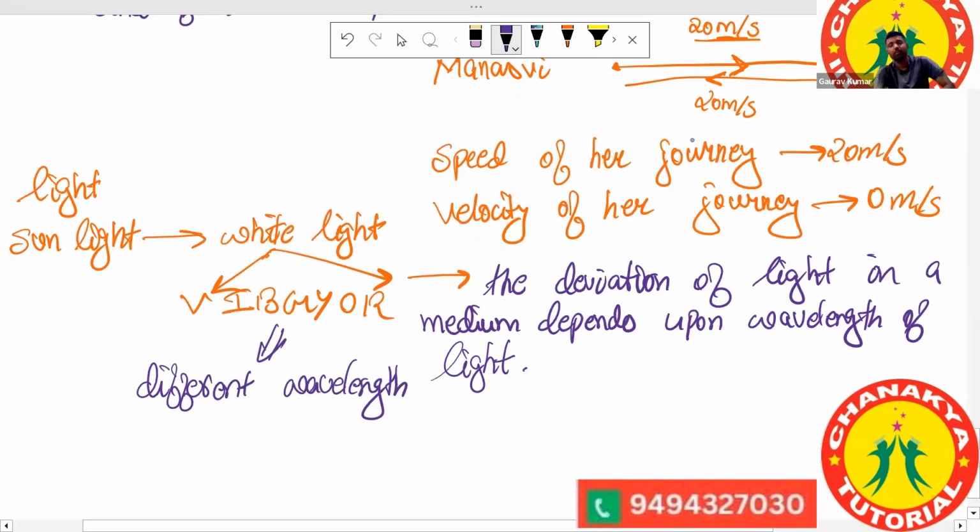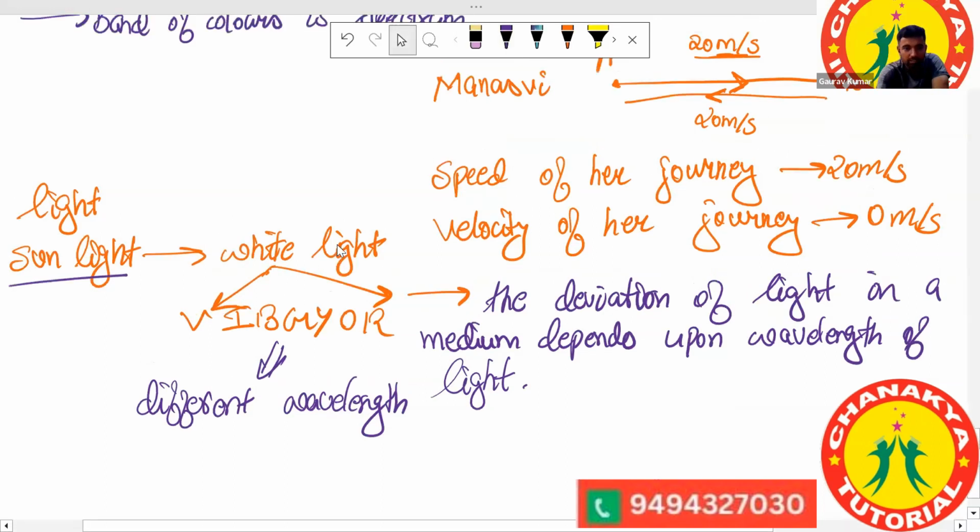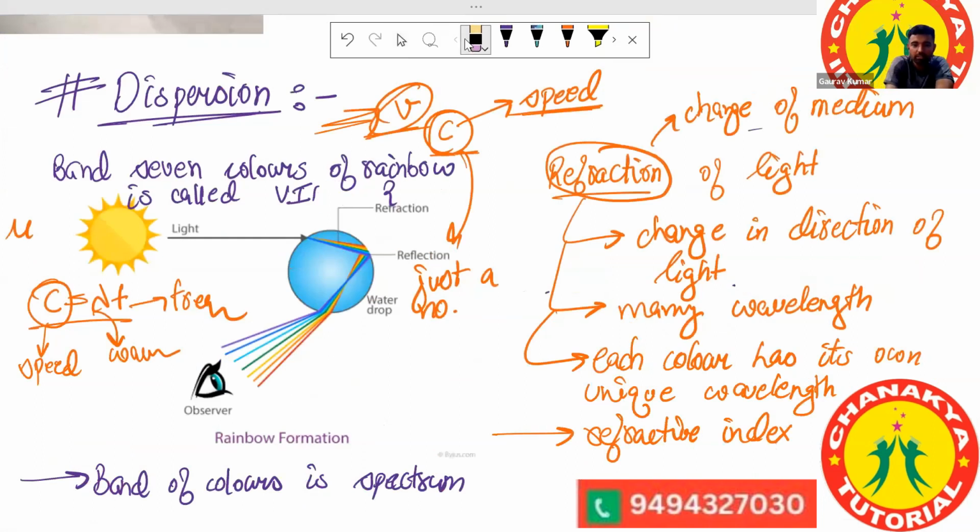Okay, right. So we are talking about white light. White light is made up of 7 colors, and these 7 colors have different wavelengths. The deviation of light. Why am I saying deviation of light? So let's see this image.